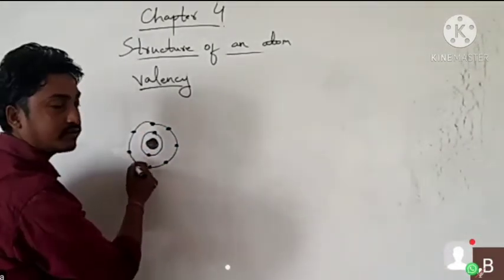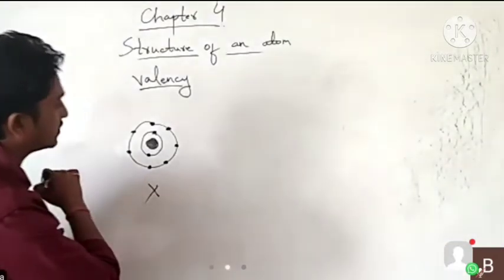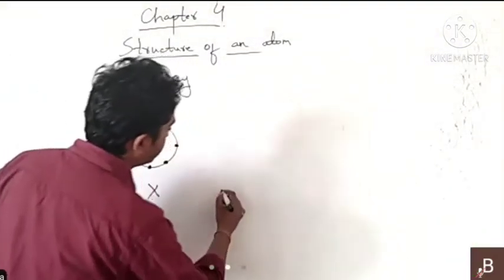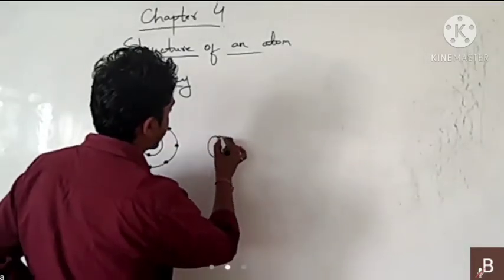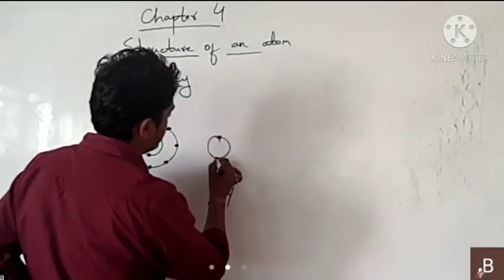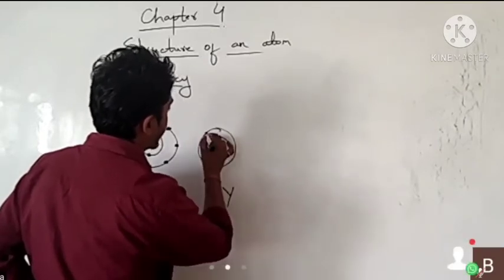As for example, suppose this is element X, and another one is element Y, and it has just 3 electrons here.